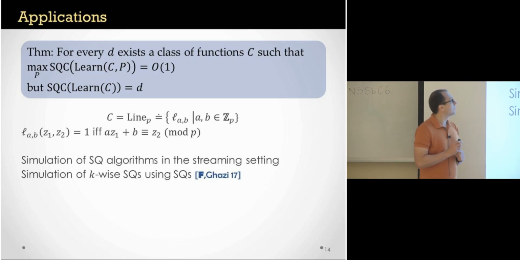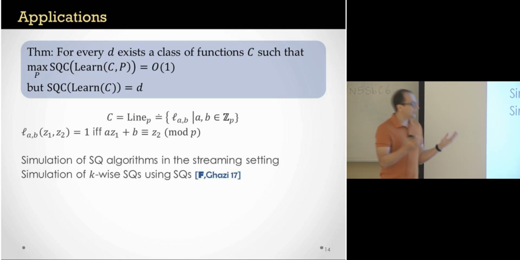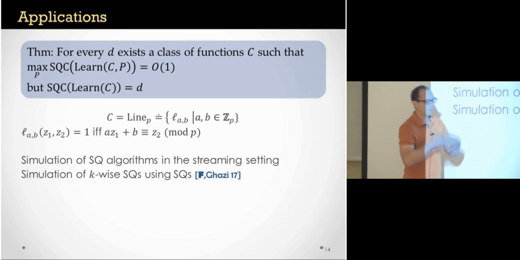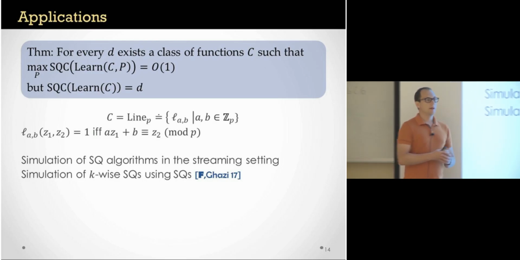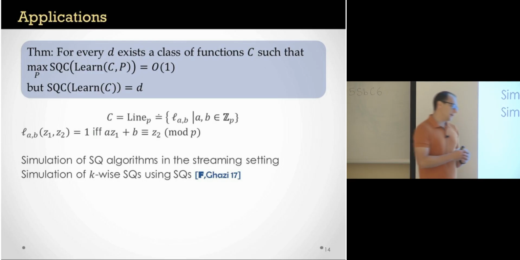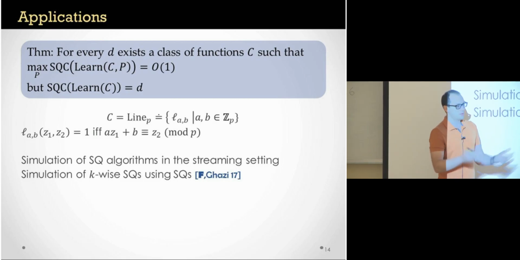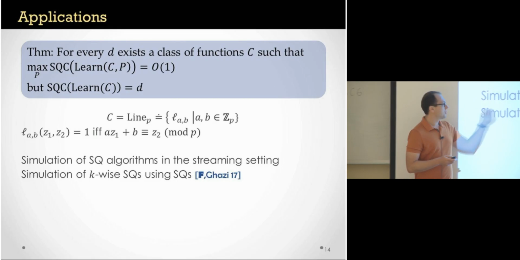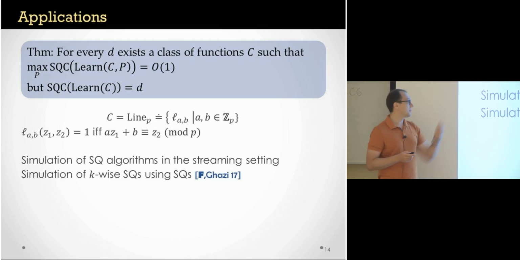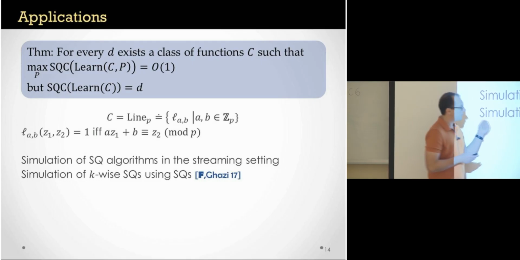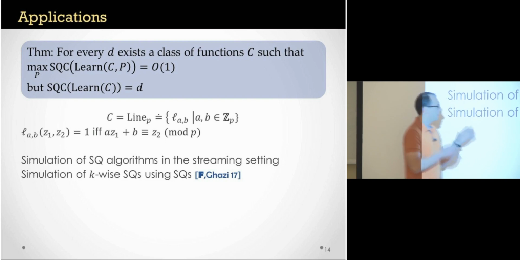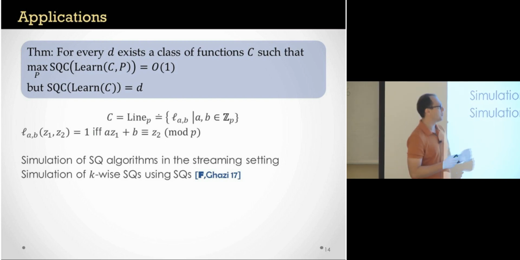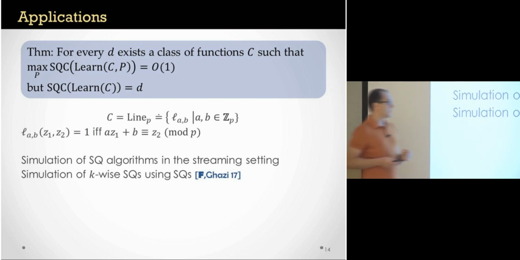Another application is that the upper bound can be interpreted as some sort of universal statistical query algorithm, and it allows one to derive additional properties of statistical query algorithms. For example, using it, we show a simulation of statistical query algorithms in the streaming setting, and in a different, subsequent work, we show a simulation using more general types of queries using plain statistical queries.